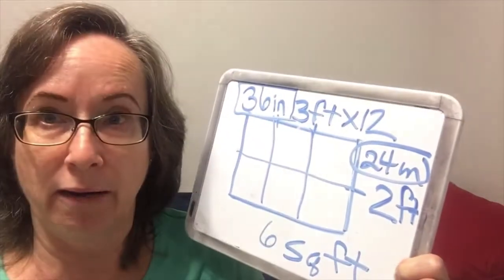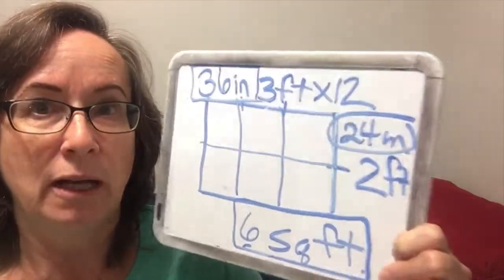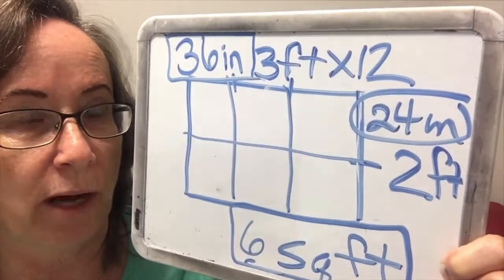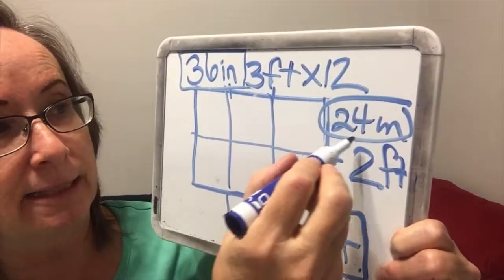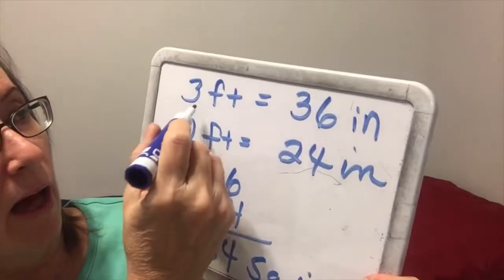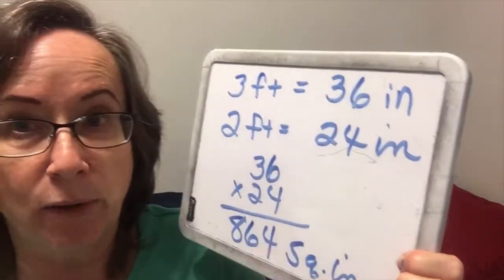So this is what I got for square feet, but now let's do the same problem in square inches, because that's what they wanted. So remember the 36 and the 24, and let's go to the new board. So we have 3 feet is 36 inches, and 2 feet is 24 inches.